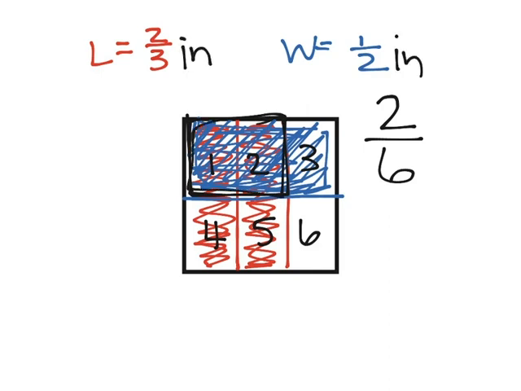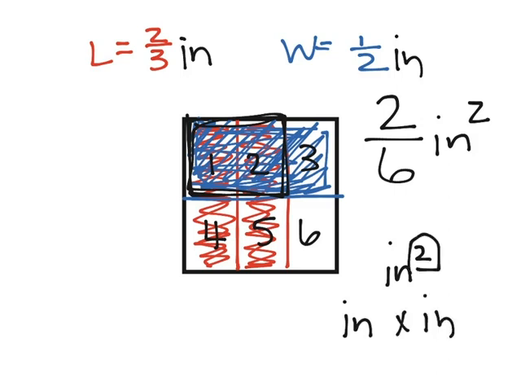So the area of this rectangle is 2/6 of, so this is showing that it's 2/6 of a square inch. You would write that with a square next to the inch. So inch squared is showing that we did an inch by an inch. That's why we do the square next to it.